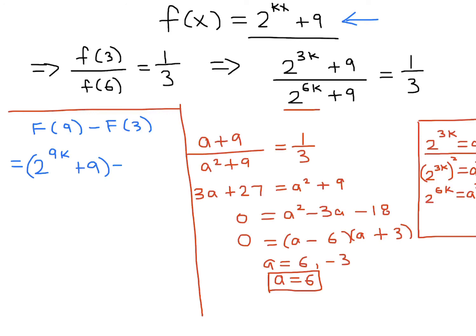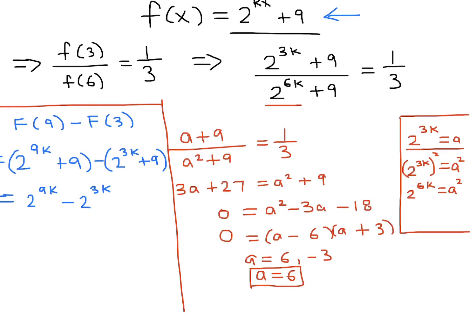And f at 3 would be 2 to the power of 3k plus 9, like that. So this looks like 2 to the power of 9k minus 2 to the power of 3k, because the 9s cancel, 9 minus 9.